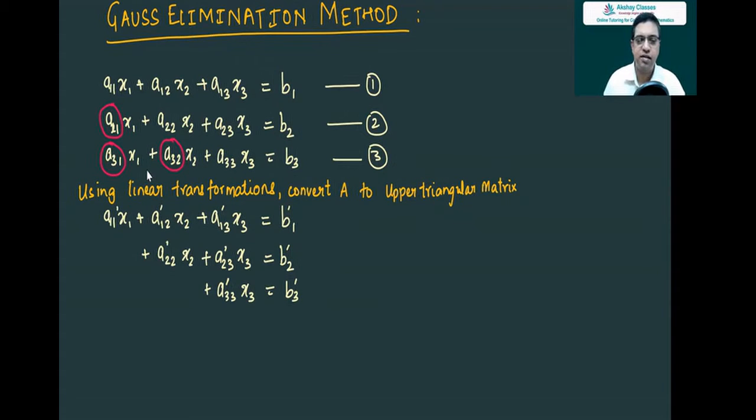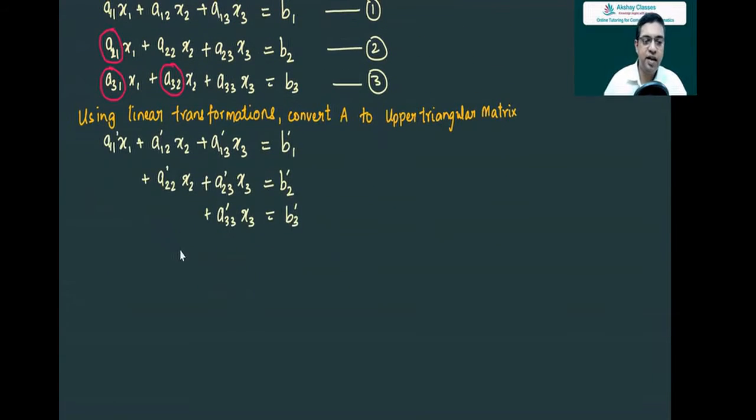That's it. And once we make 0, then we get x3. X3 will be B3 dash by A33 dash. We found x3. Okay.